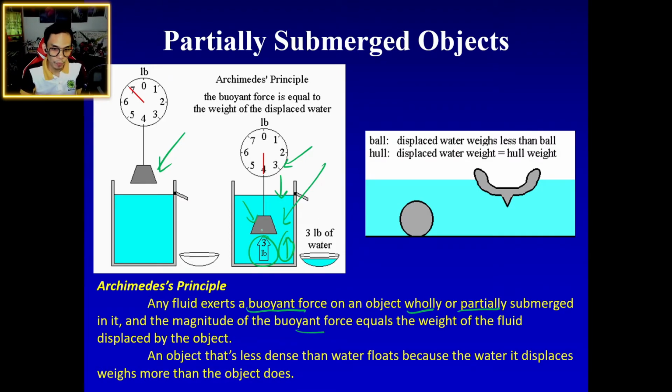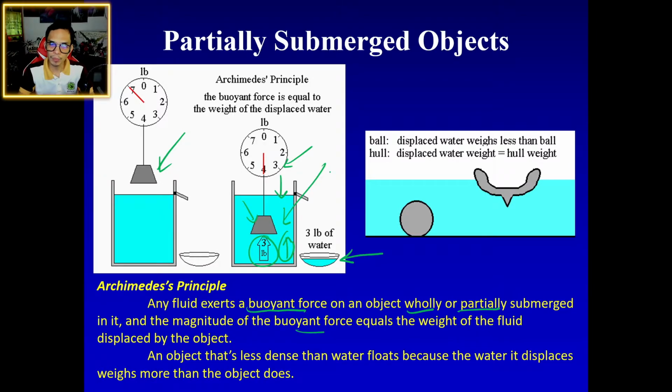The 3 pounds of extra weight is the displaced water, the water that overflows after submerging the weight. If you measure that water that overflowed in the process, it is equivalent to 3 pounds. So this is the displaced water.